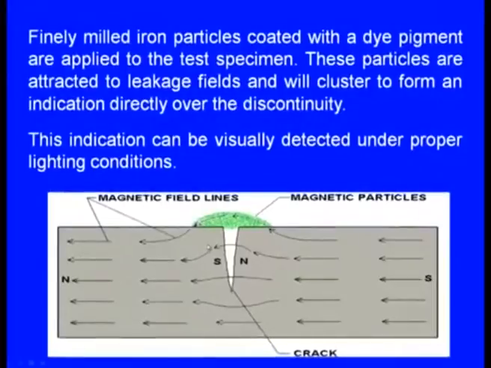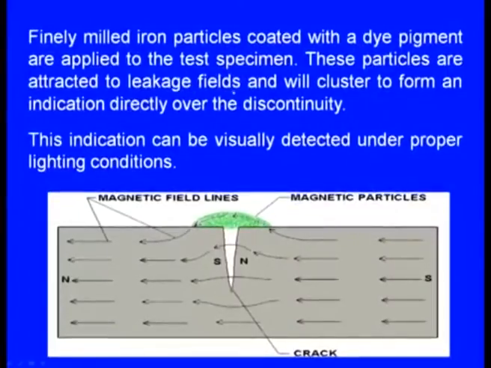But where there is a discontinuity, there also this iron powder will be attracted. These particles are attracted to leakage fields and will cluster to form an indication directly over the discontinuity. Here we can see again iron powder is sticking where there is a discontinuity.